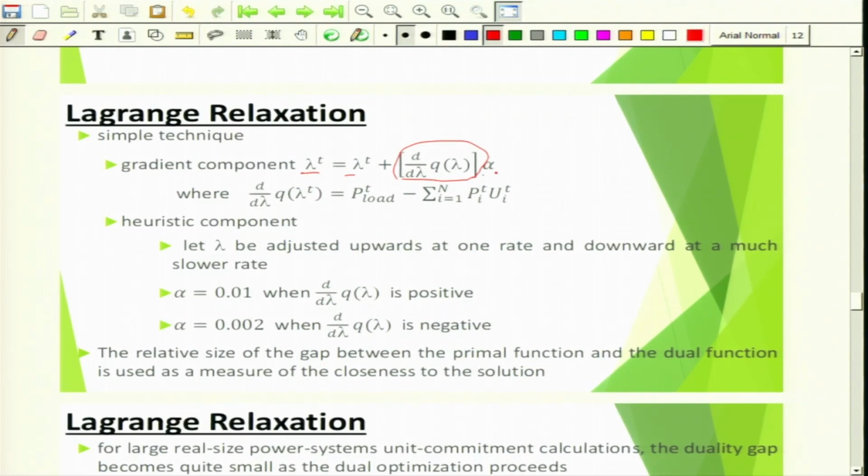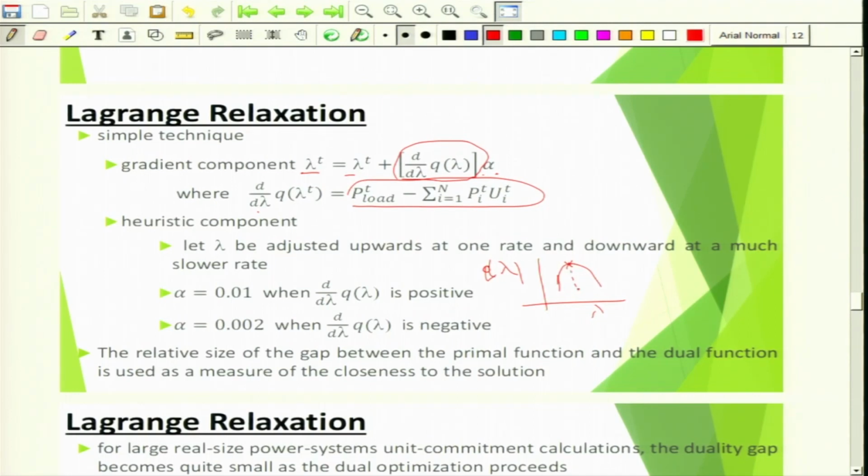This alpha is the acceleration factor, where d by d lambda of q lambda is the summation of load minus generation, and this is the slope. Then the heuristic component is, let lambda be adjusted upwards at one rate and downward at a much slower rate. Ultimately you need to find this q lambda versus lambda, right. This is the maximum value.